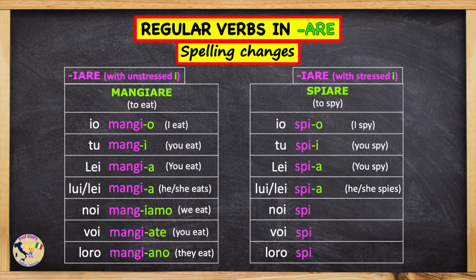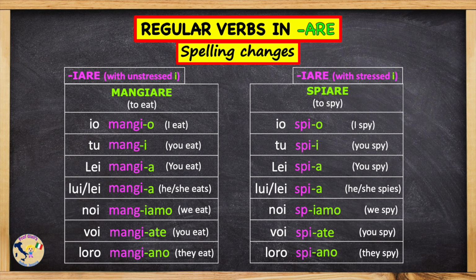In the first person plural, we remove the i in the verb stem. The reason for this is that when we add the ending iamo, the stress of the conjugated form will not fall on i, but on a. Noi spiamo. Finally, the second and third persons plural do not present any changes. So we have voi spiate, loro spiano.